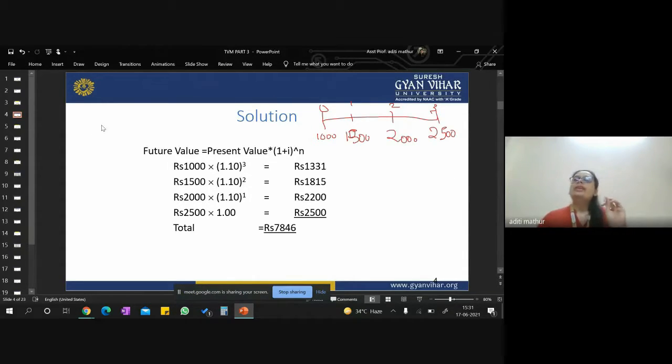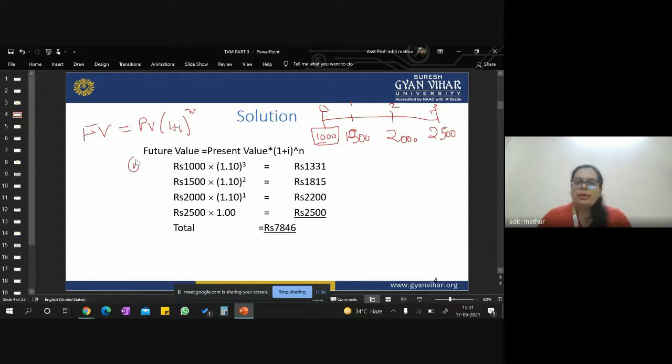So with the help of the previous formulas which we have studied in our videos, we know that to calculate future value, you need present value times (1 plus i) to the power of n, right? So first we have to calculate the future value of 1000. Step by step we will do.